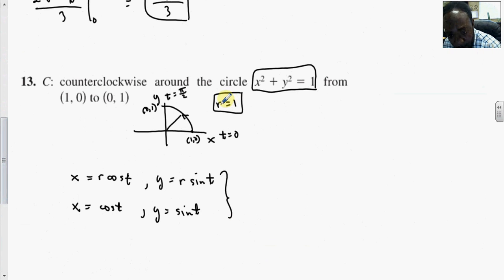Now, when I say r here, I'm talking about just the radius for the circle. So I'm not talking about r of t being defined as the position or the path vector. Right? So this r may be misleading. It's the radius.